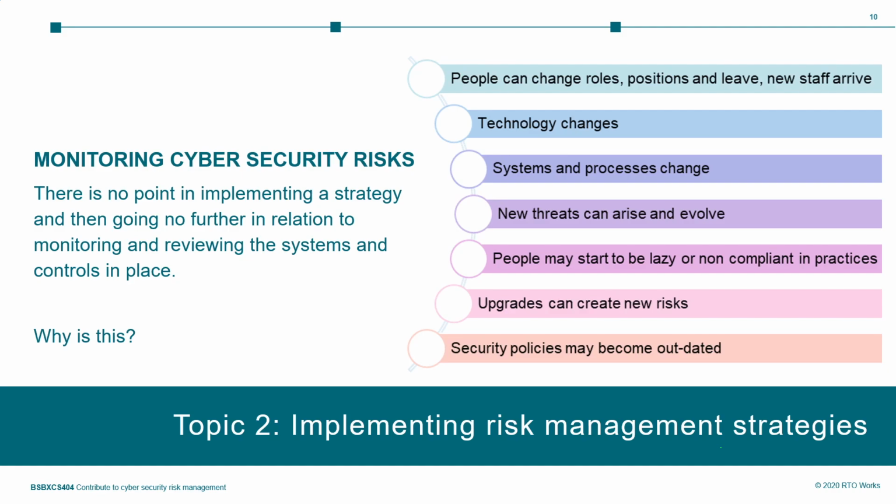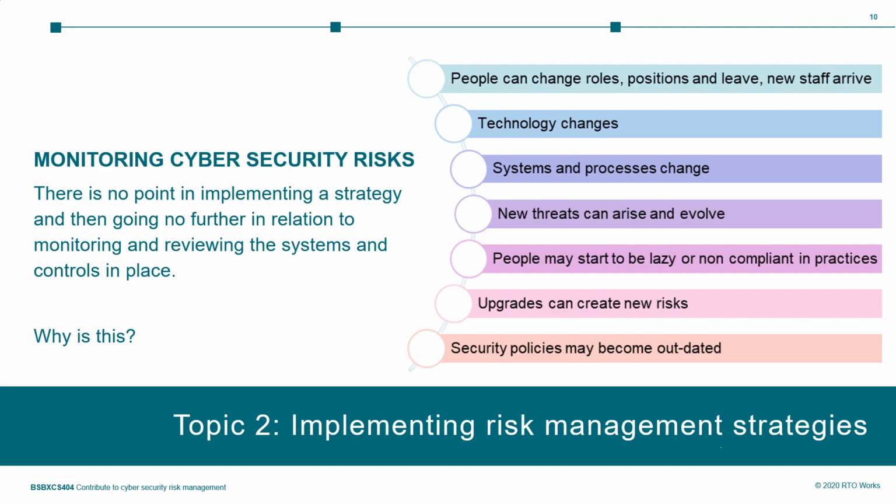So what do we look at when we're monitoring? We're looking at people, because their roles can change, they can leave, we have new people arriving. We need to maintain that they have the appropriate level of administrative role in the system to do their job.